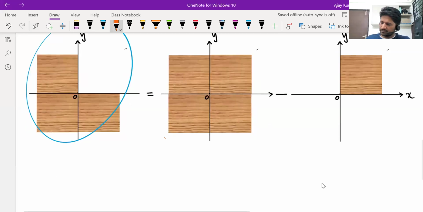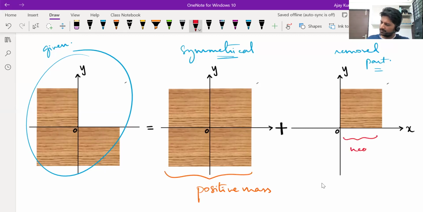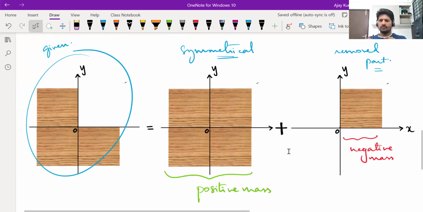In such cases, what you can do is treat it as a full system of positive mass. Now from that, you have to subtract that mass, that square bit. Instead of subtracting, what you can do is you can add something called a negative mass. Imagine this mass to be negative. See, in reality, there is nothing called negative mass, but you can imagine something like this, just for the purpose of solving problems. So full square positive mass plus small square negative mass gives you this.